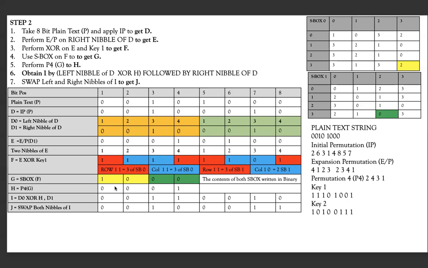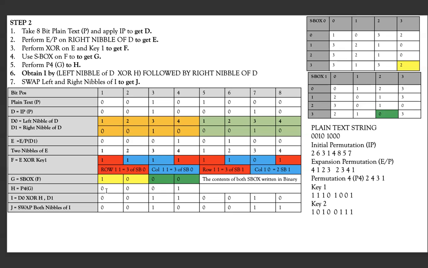After that, I have to calculate I. For calculating I, I need H. I need D0. By the way, what was D0? D0 was the left nibble of D. I have to perform XOR between H and D0.